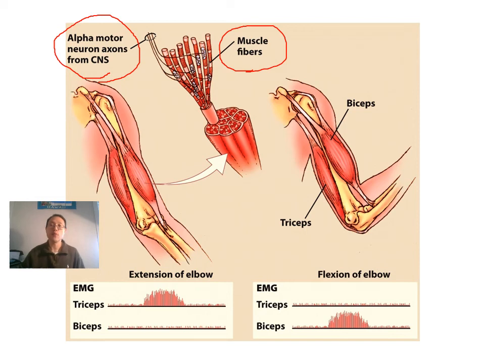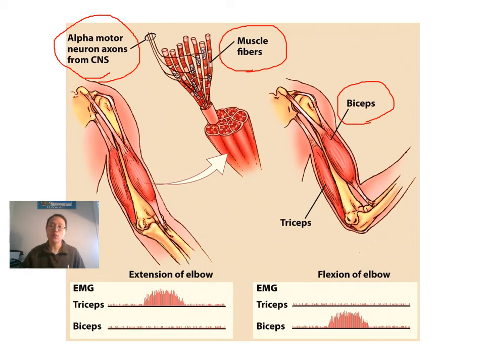Let's say you want to show off your tricep to see how well you have been doing in the gym. The alpha neuron fires, the muscle gets shorter, and the corresponding area becomes shorter and enlarged.